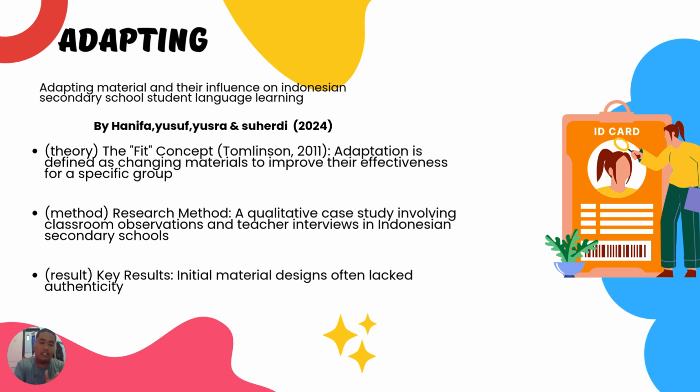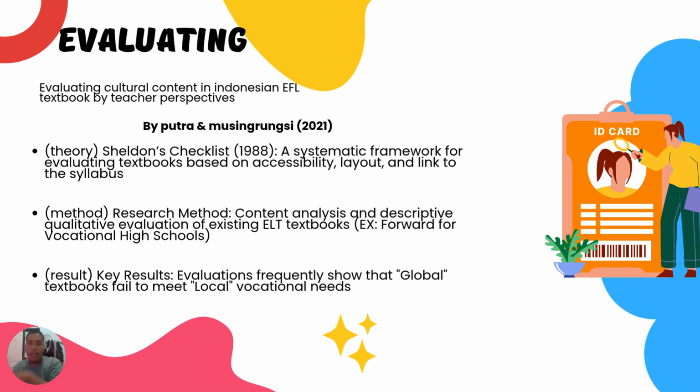Let's get into the last one, evaluating, by Putra and Musin Rongsi in 2021. The theory they use is the Sheldon checklist from 1988, a systematic framework for evaluating textbooks based on accessibility, layout, and link to the syllabus.